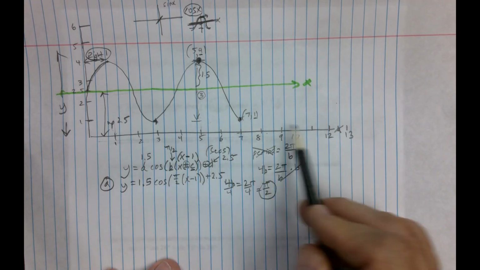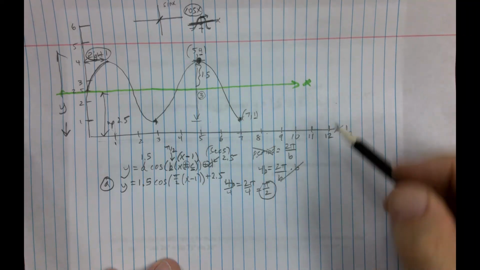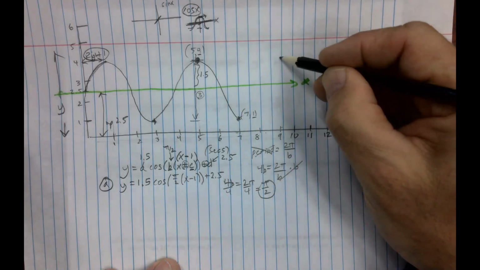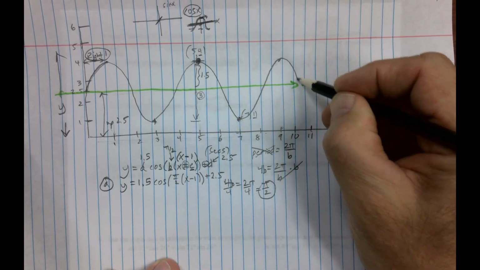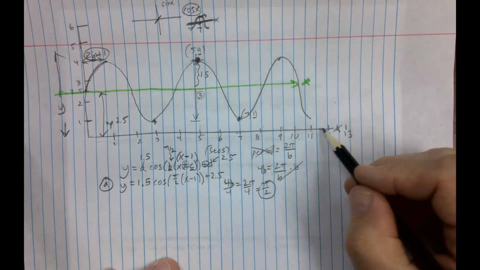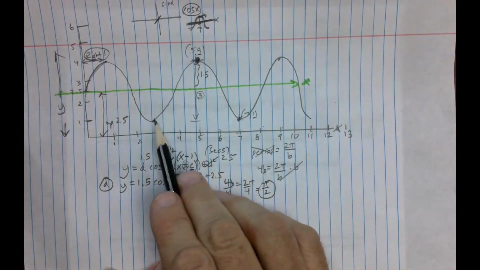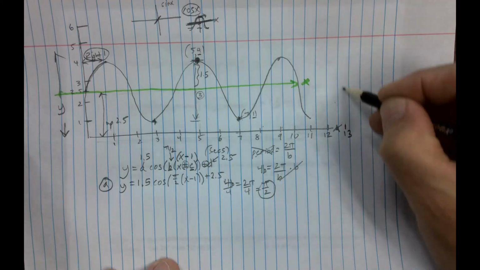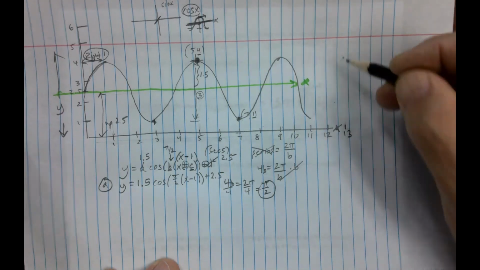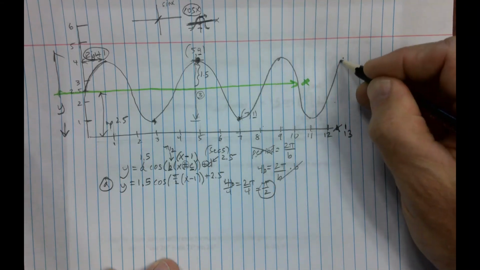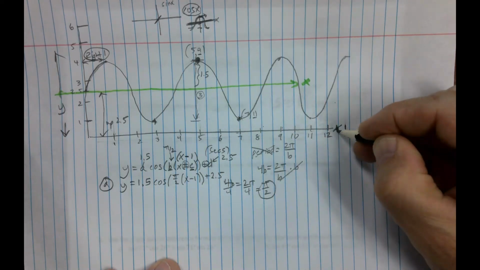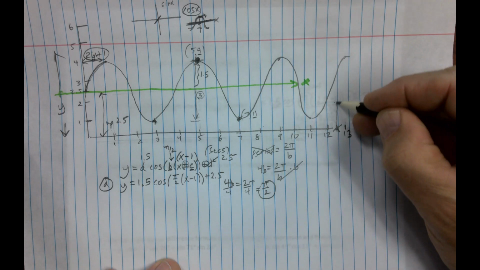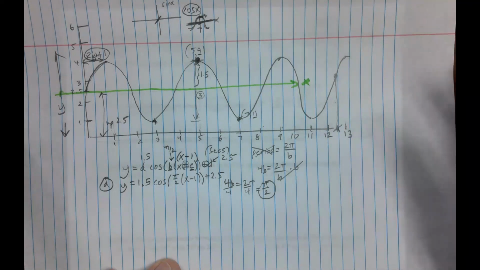From here to 11, it would go back up here, and then back down to 11, and then 2 seconds later, it'd try to get up to the peak, which would be right here, and this is where my drawing's going to get a little wonky. But after 12.5 seconds, we're supposed to be able to go up and figure out what the height is.